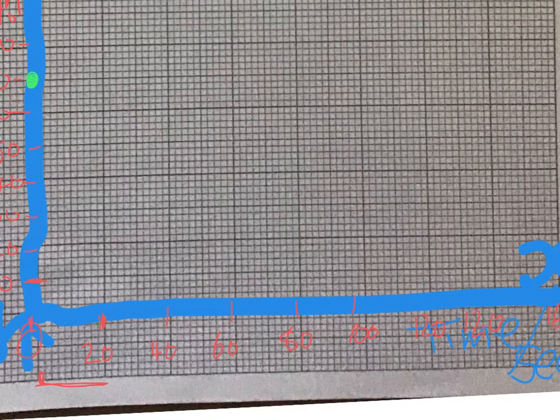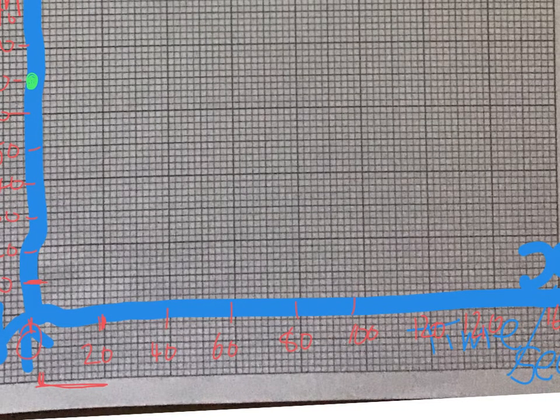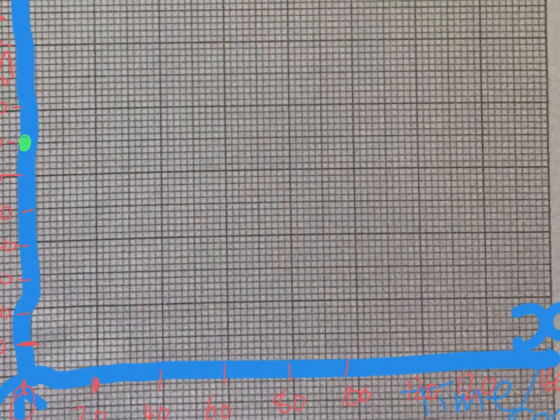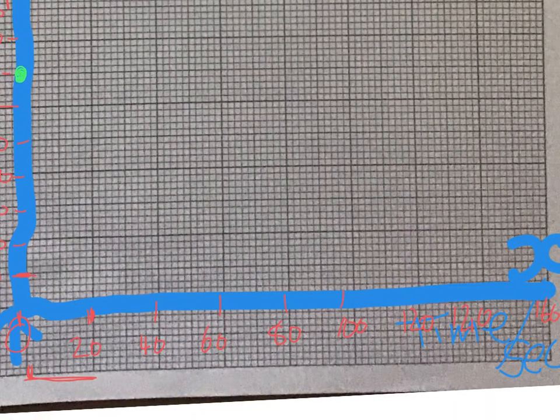So we go to 60. Here's 60, and then we move it up to 160 beats per minute. We put a dot and a circle. After the next 60 seconds, it was 125. So we'll just bring it down here. So at 120 seconds, we need to look at it.